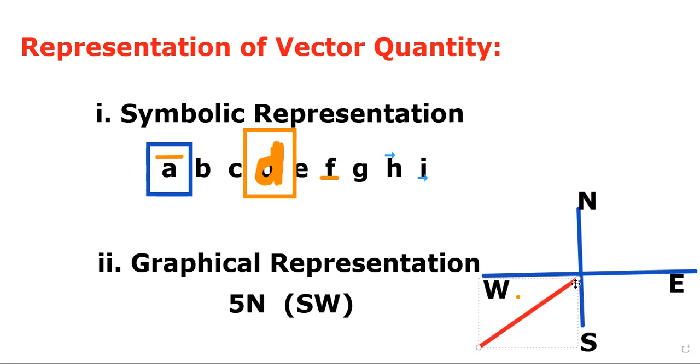The length of this line is the magnitude of the vector quantity, and there would be an arrowhead that actually represents the direction. So this arrow is representing the direction, and the length of this arrow is the magnitude of this vector quantity.